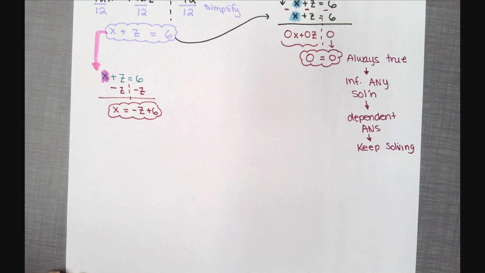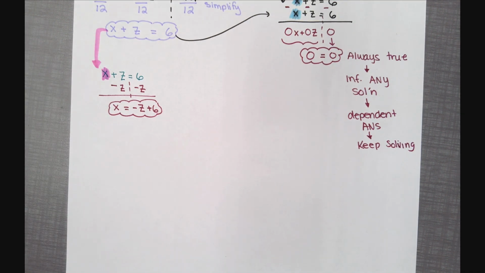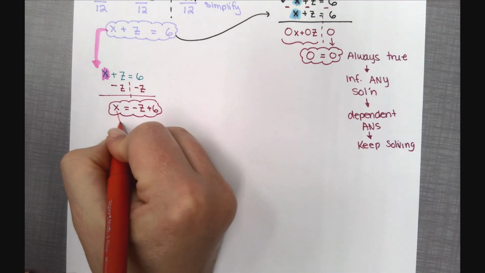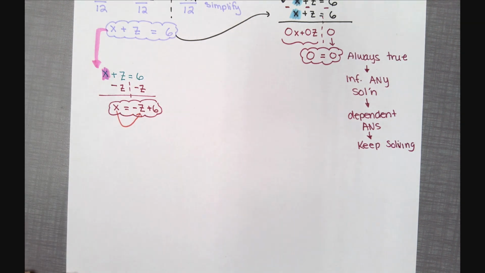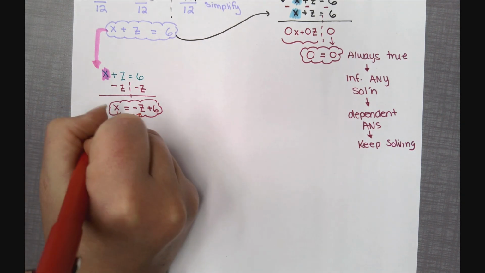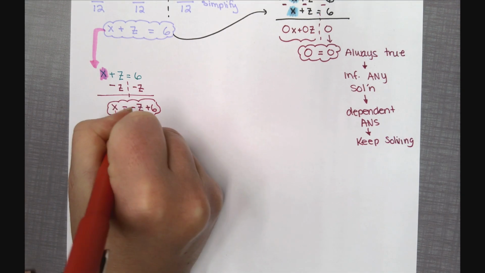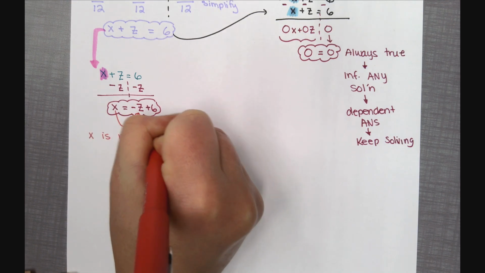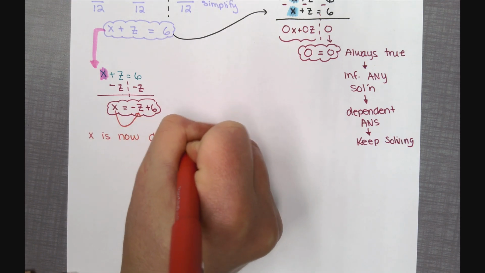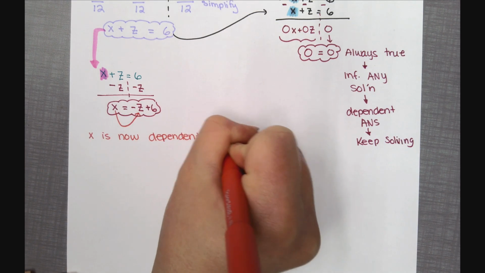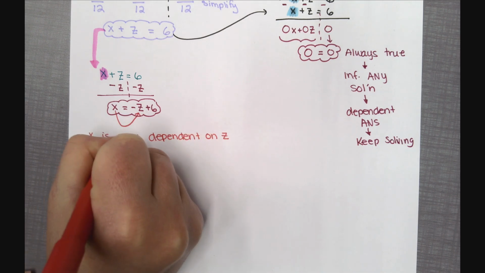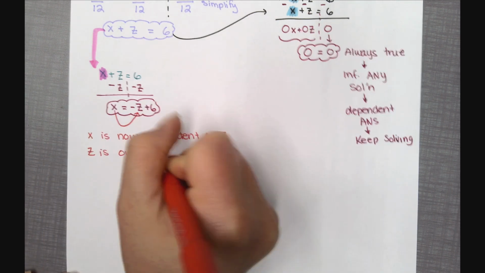Now, what does this mean? This means that x is now dependent on z, which means z is our independent variable.